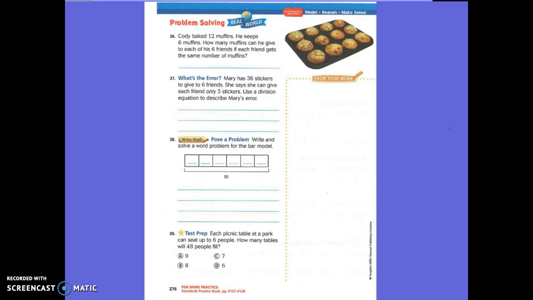What's the error? Read 37. Mary has 36 stickers to give to 6 friends. She says she can give each friend only 5 stickers. Use a division equation to describe Mary's error.